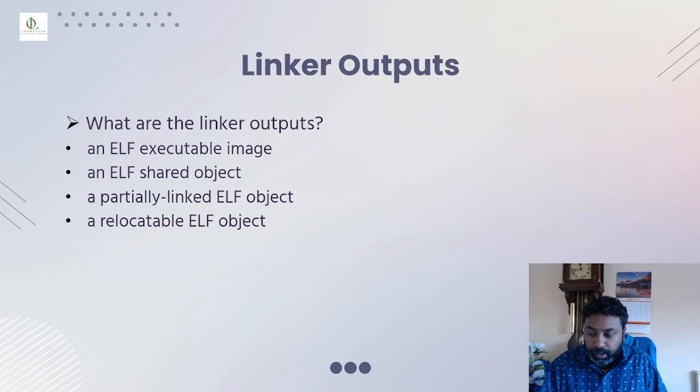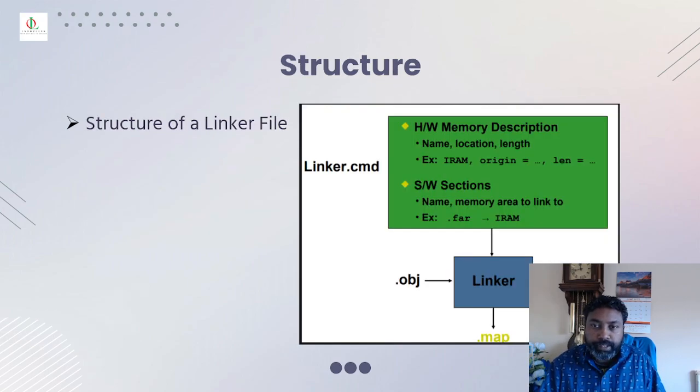I'll show you the linker project. This is the structure of a linker file, as you would have realized from day 3 or 4. This is what is inside the linker file. It will have linker commands, and in the linker command it will have the hardware memory description and the software sections. The hardware memory description will have the name of that memory, its location, and its length, for example IRAM origin and its length.